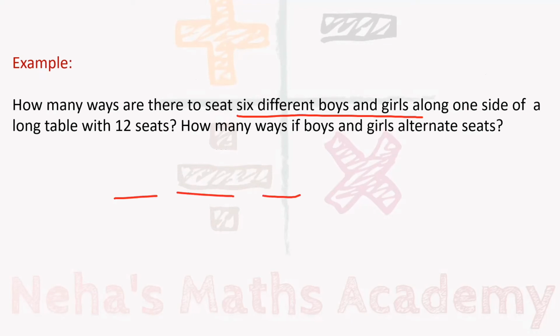Means these 12 seats are there. 1, 2, 3, 4, 5, 6, 7, 8, 9, 10, 11, 12. And we have to arrange 6 boys and 6 girls without any condition on these 12 seats. For the first case, there is no condition. So, as there are 12 persons and 12 seats, there are total 12 factorial ways. So answer will be 12 factorial.